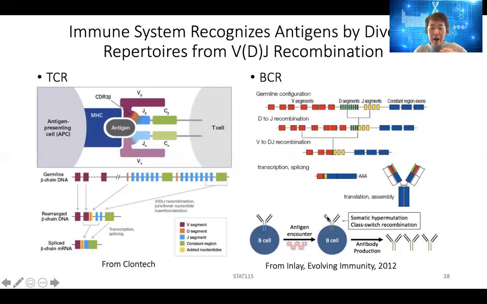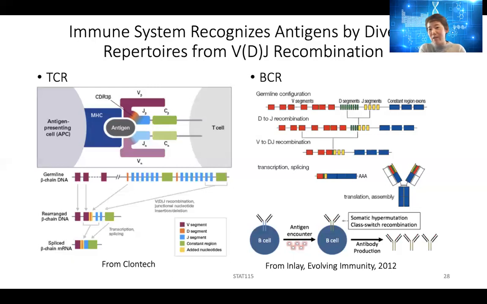Additional mutations will happen. So as B cells are proliferating, they have more and more mutations. And if an additional mutation is able to bind to the antigen even better, that copy of the B cell will have even better signals to proliferate. And so it's kind of a natural selection in this little B cell factory. Only the B cells that recognize the antigen better will get a stronger signal to continue to proliferate, and then they will create a new mutation.